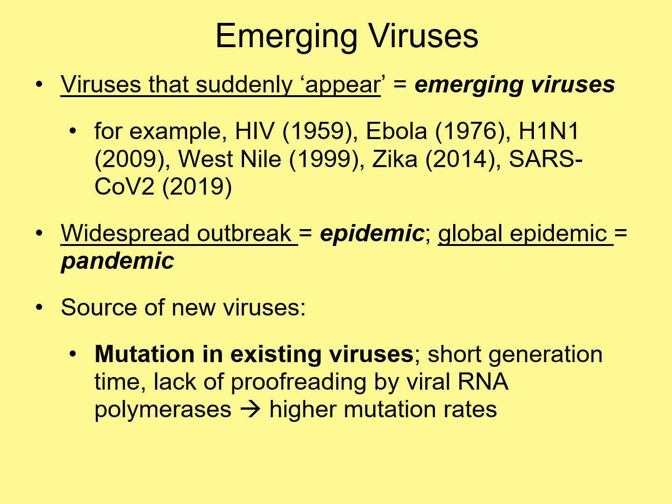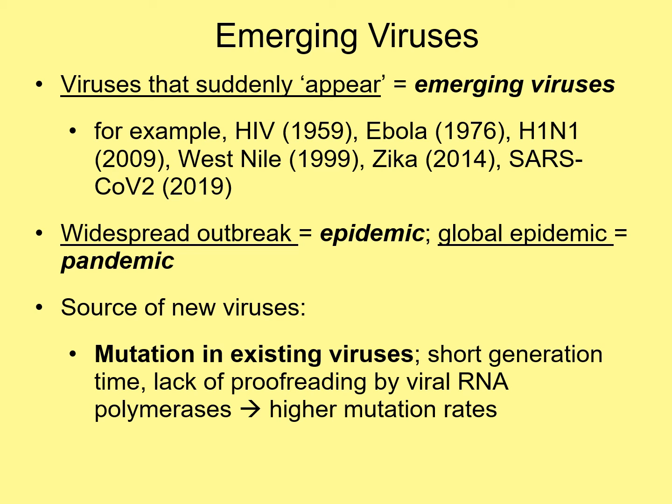So they have to bring their own tools to the party, and their tools don't have the proofreading capabilities that DNA polymerases, for example, have in living cells, which, as we're going to talk about later in DNA replication, go back and check for errors.